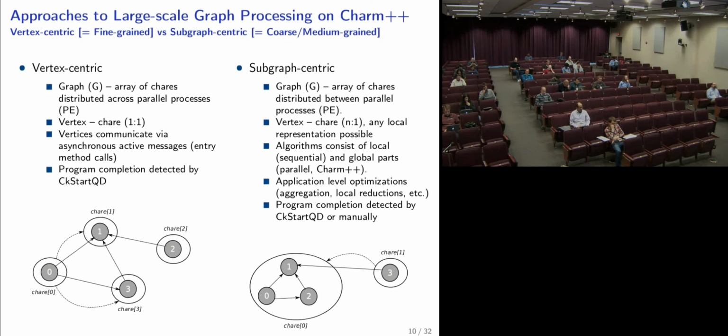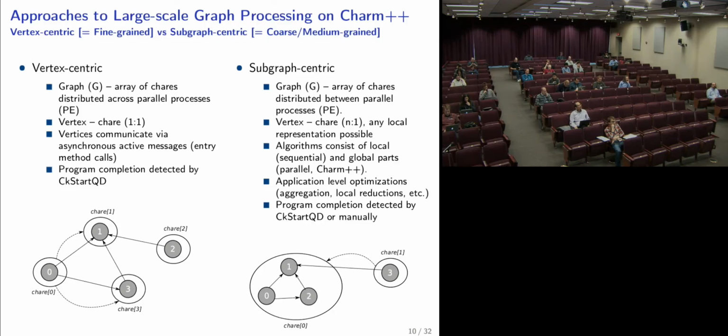I have been studying the usage of Charm++ for graph applications for a significant time, and I found that there are two approaches to do it. The first one is vertex-centric. It is characterized by using a direct mapping of vertices onto chares.